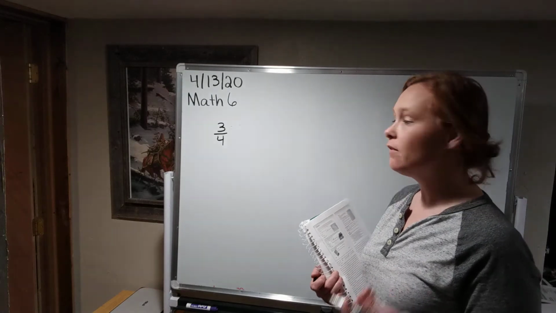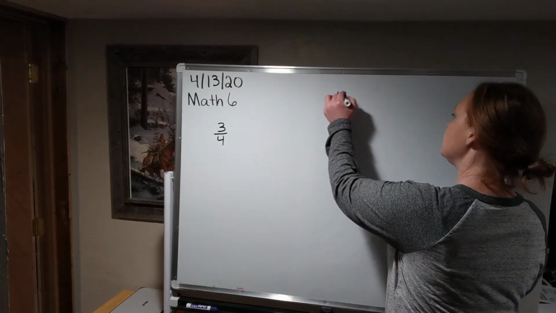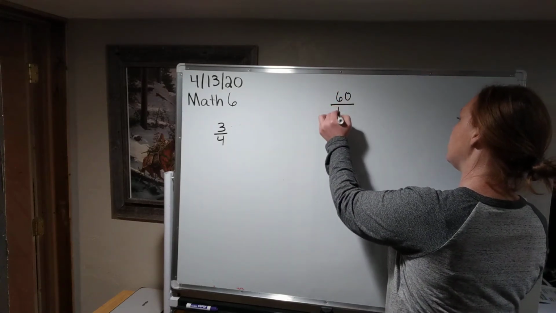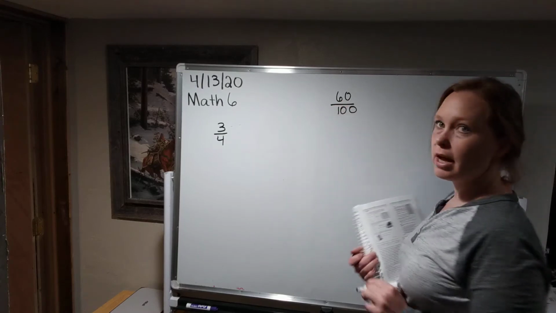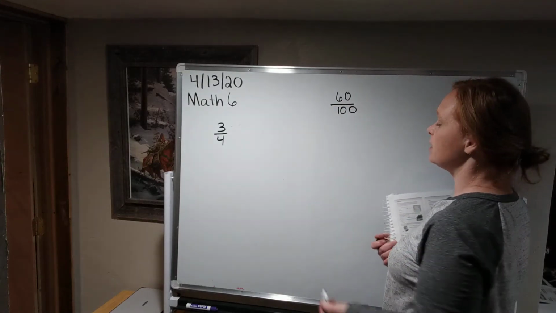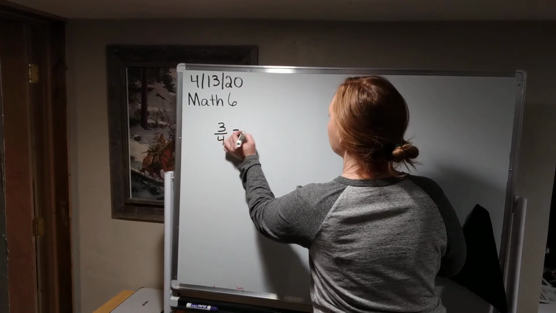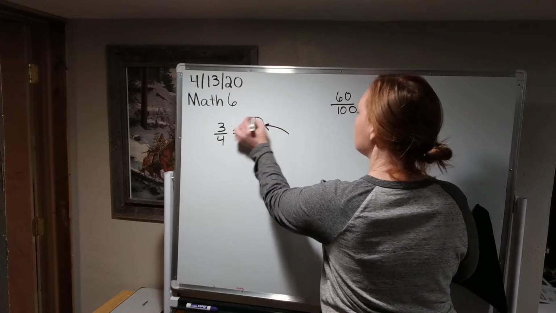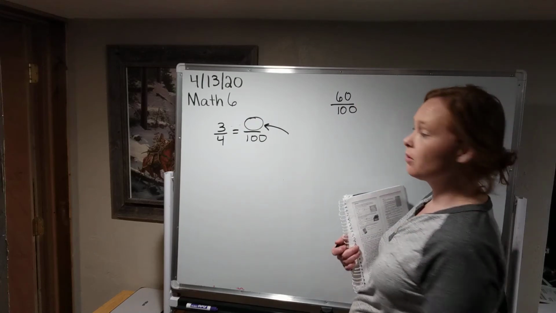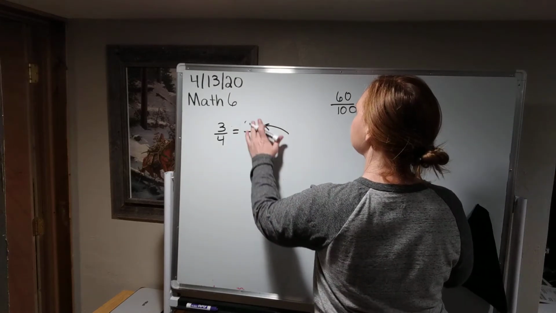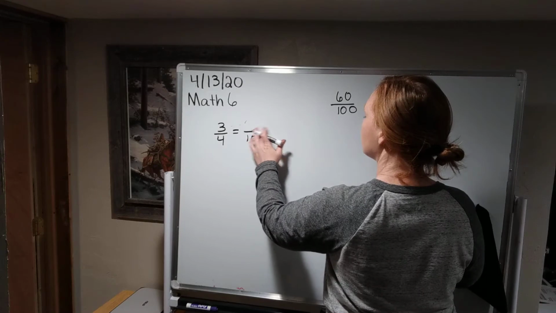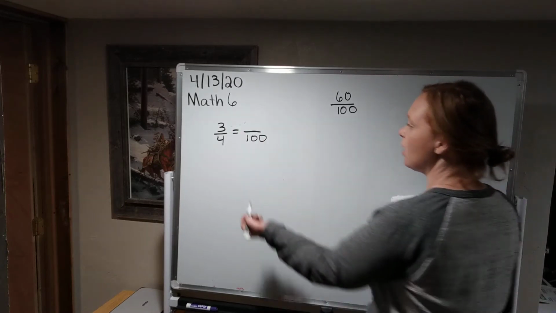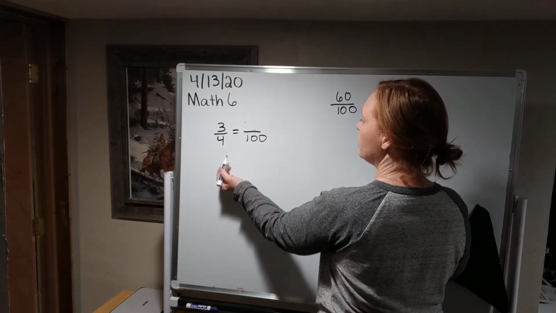Now if you remember, all of our percentages, if we had 60%, it was going to be 60 over 100. So what that tells me is I need to find an equivalent fraction over 100, and then this number will be my percentage. Let's think about how to find what this number is.